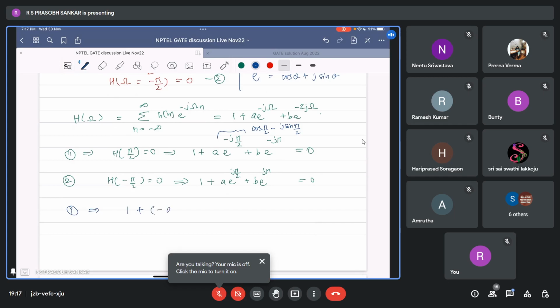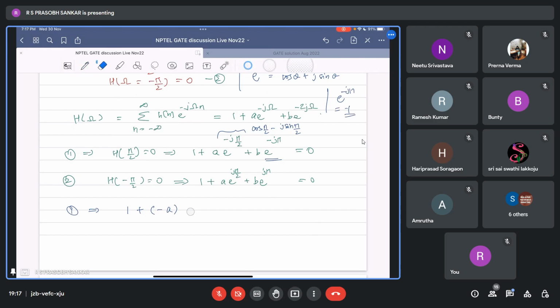That means it is minus aj, plus we have the second term, e raised to minus j pi. So e raised to minus j pi is cos pi, which is minus 1. We don't have any other term, the sin term will always be 0. So that is fine. This is the first equation.